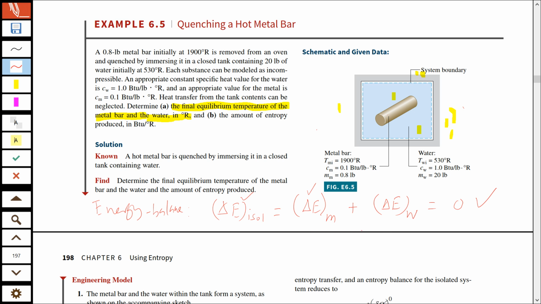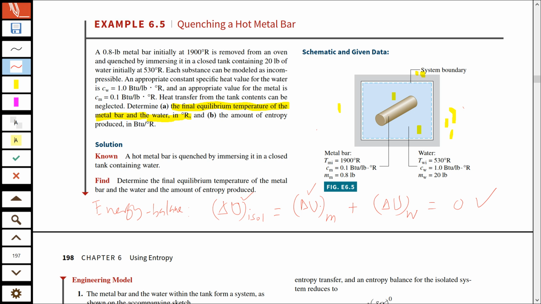That's what you expect. And because all the other forms are not there, I can replace this E with delta U, and this E also with delta U, internal energy. Even here I can say internal energy if I know what I have ignored.